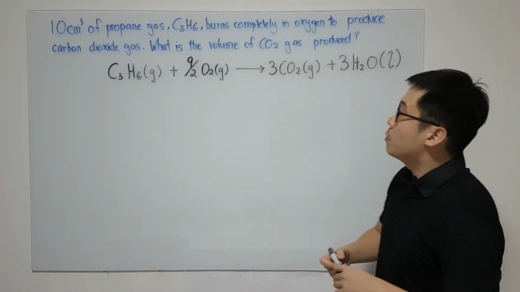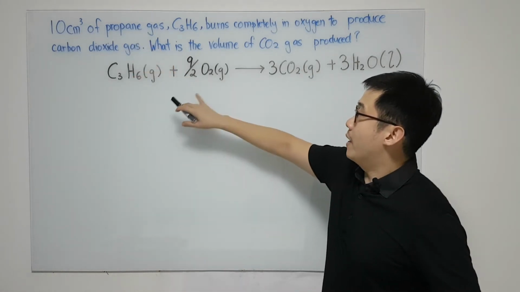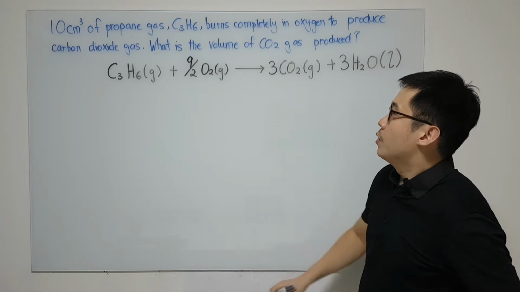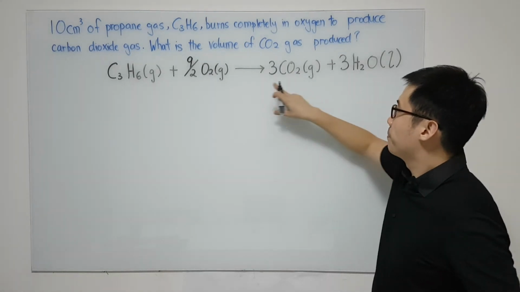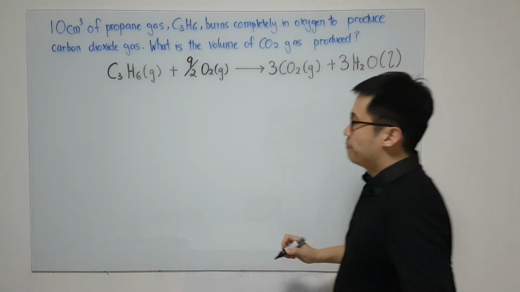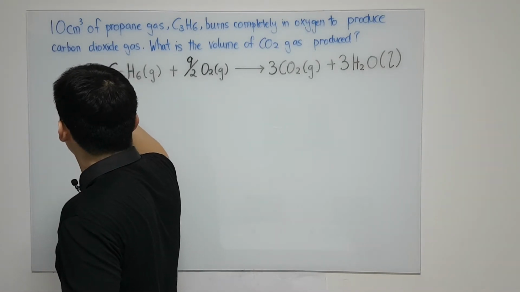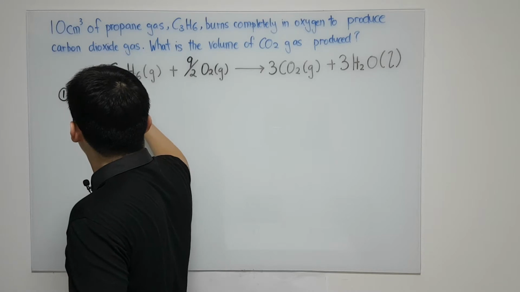In this question, we were told that propane gas reacts with oxygen gas to produce carbon dioxide gas. We are given this formula over here. Now, the first step, students, is to first determine the moles of my propane gas.